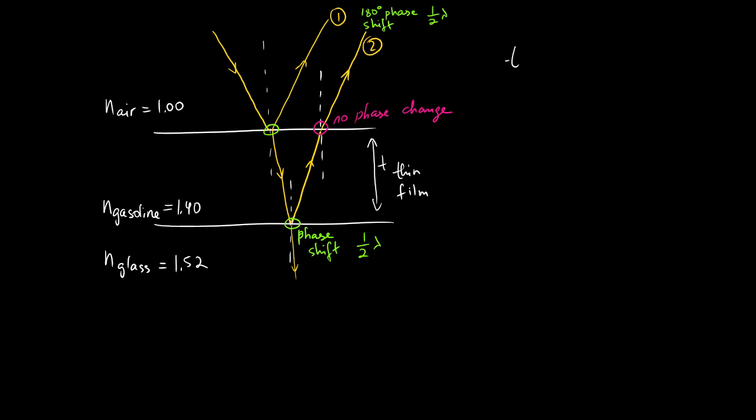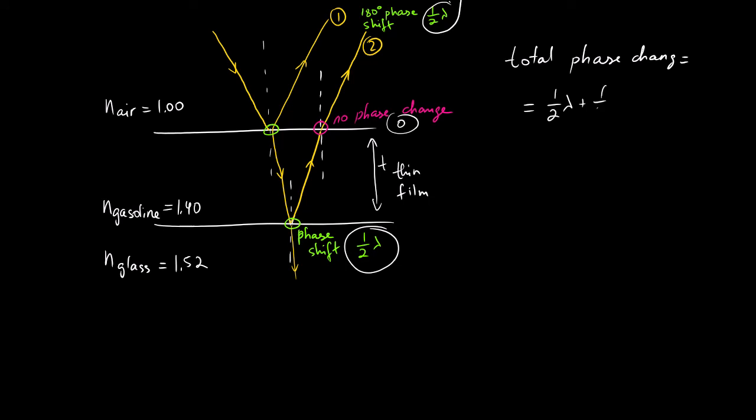Now, total phase change in this case will equal, okay, we have 1/2 lambda here, 1/2 lambda here, and 0 in here. So that would be 1/2 lambda plus 1/2 lambda plus 0 equals lambda, which is a total complete cycle, which means 0 net phase change.